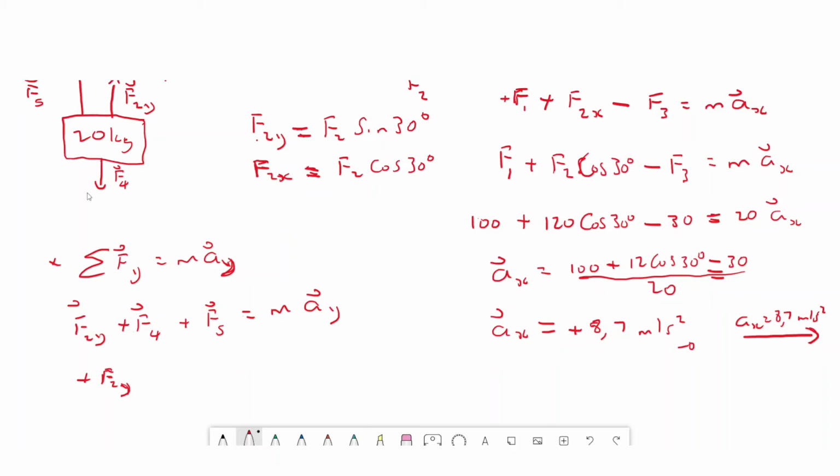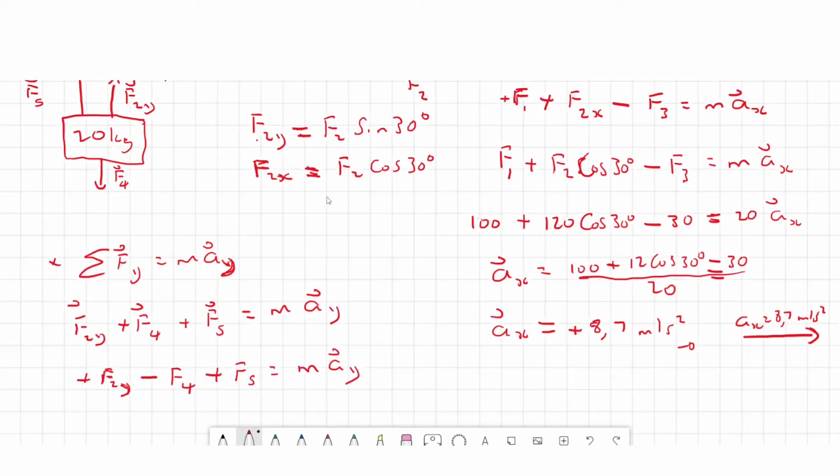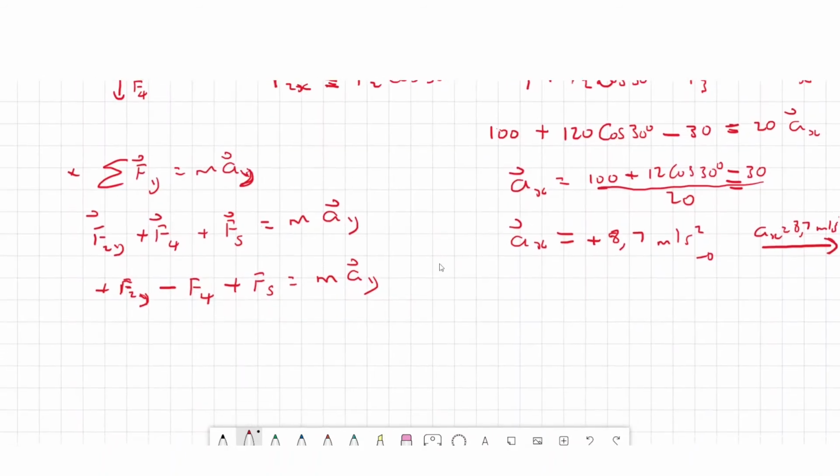And then F4 is pointing down, so it's minus, and the magnitude is whatever F4 is. And then F5 is positive, so it's plus F5. Then this is going to be the mass times acceleration. Now, when you do this, you can substitute.